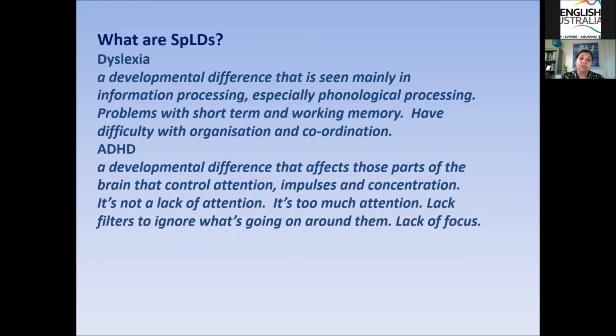It's again a developmental difference, and it affects the part of the brain that controls attention, impulses, and concentration. So with ADHD, it's not about a lack of attention. It's too much attention, and the person with ADHD is unable to ignore what's going on around them. They're focusing on everything and anything that happens around them.